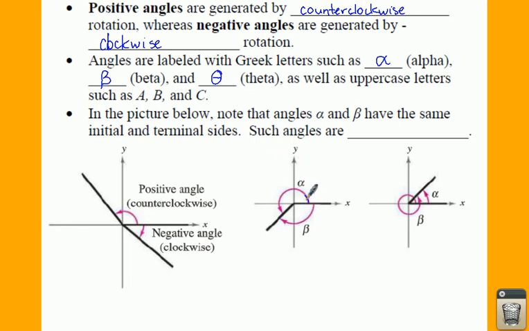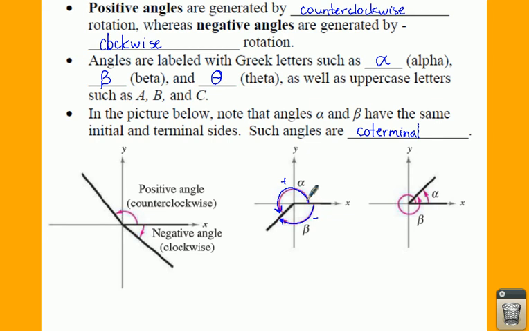Here's your A going around in the counterclockwise direction, so this is a positive angle. And then you have an angle going in the negative direction. That is angle B, or angle beta. These are called coterminal. The reason they are coterminal is they stop at the same point.